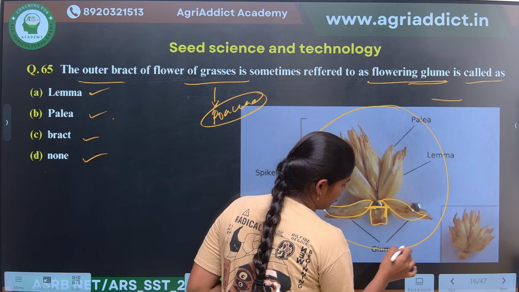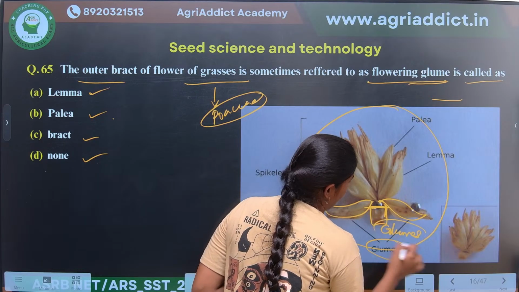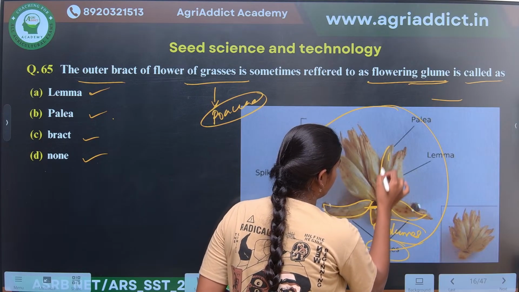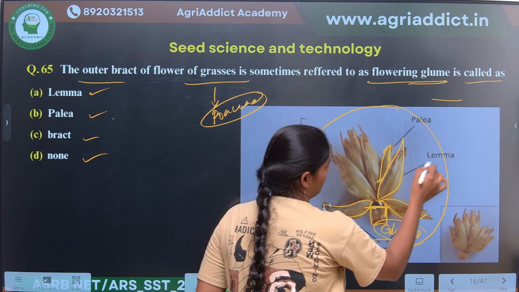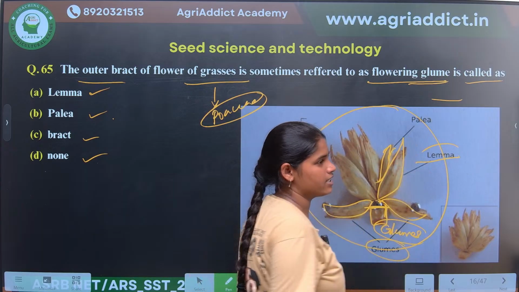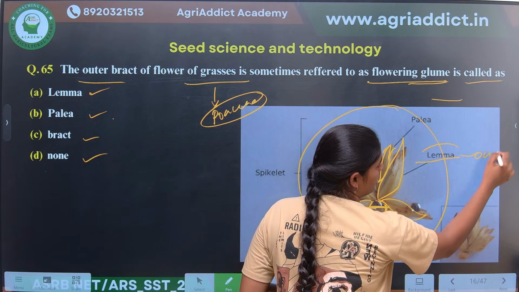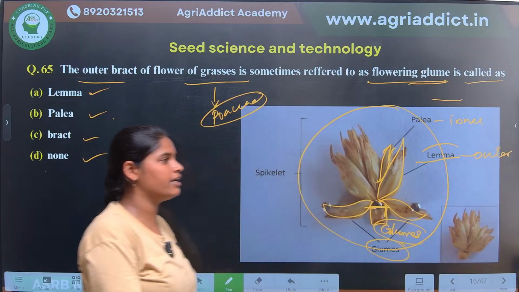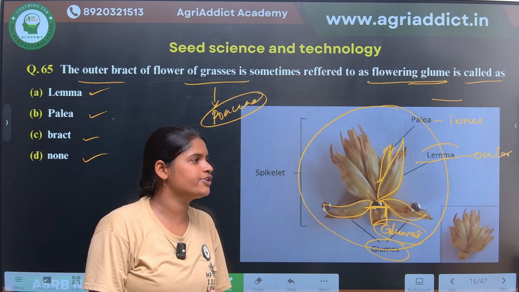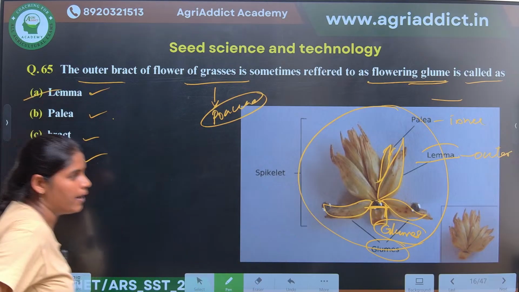These are called glumes. Among these, the outer one is lemma. They are giving protection to the seedlings. Okay, right. So the outer is lemma and palea is the inner bract. Right, Sherin, Pratibha, Akash, Farooq, right. So the answer is lemma.